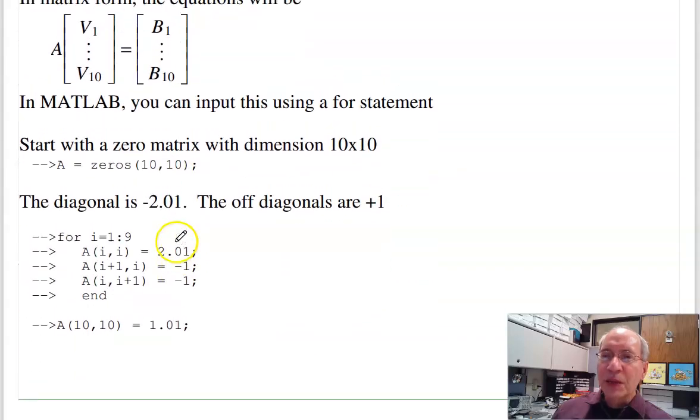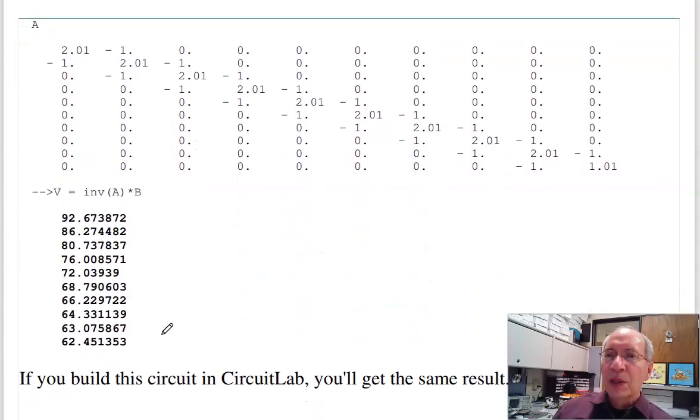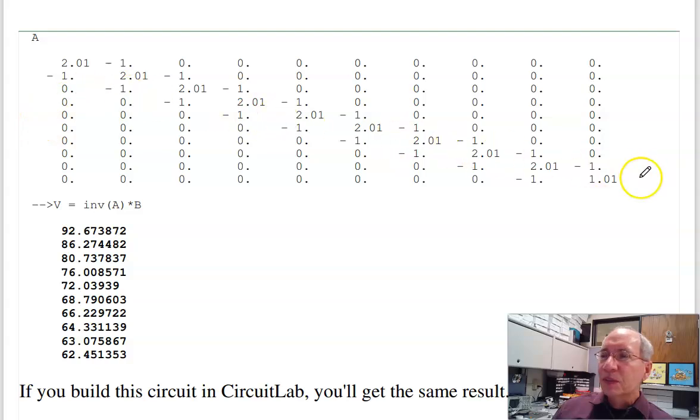I can do that in Matlab. Start out with a 10 by 10 matrix of zeros. Most things are zeros. Along the diagonal, all the diagonal terms are 2.01. Off diagonal terms are minus 1. Oddball term is number 10. 10, 10 is 1.01. This is now your A matrix. Again, not that bad to input, mainly because almost everything is 0, and there's a lot of symmetry.